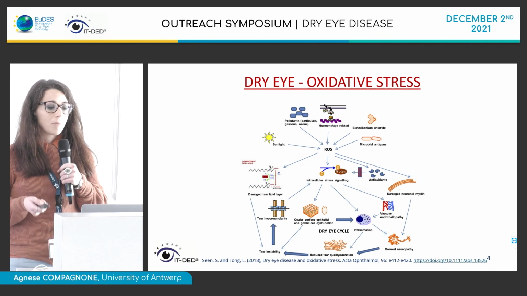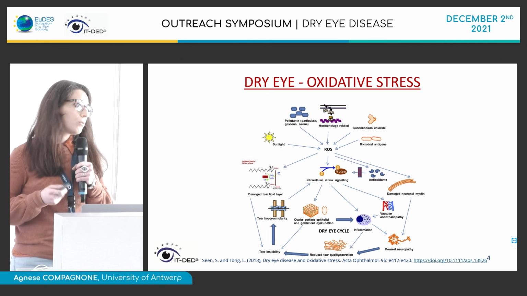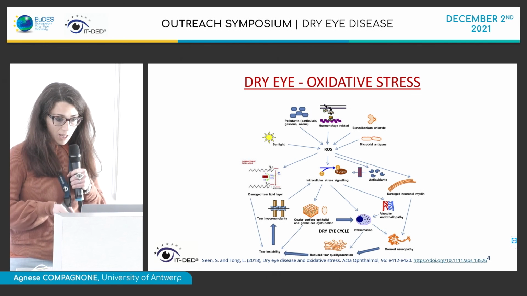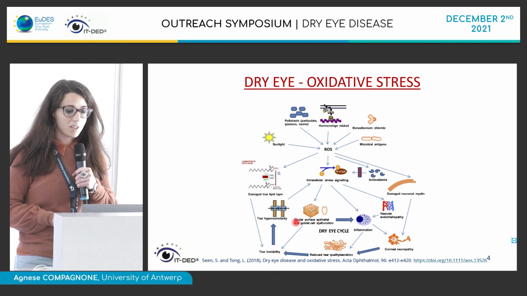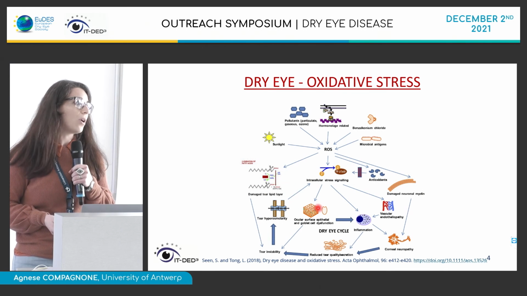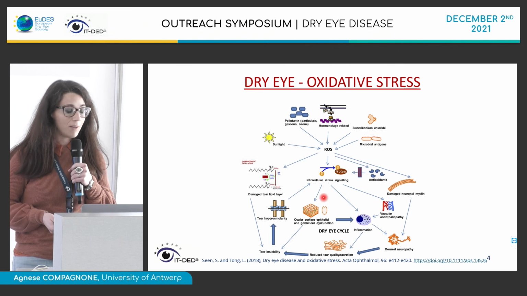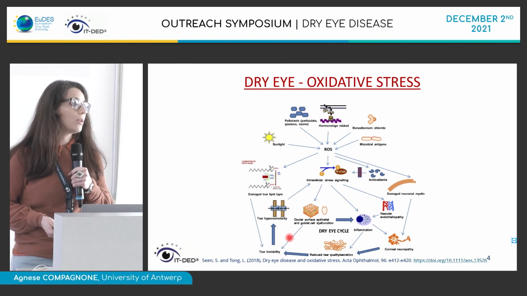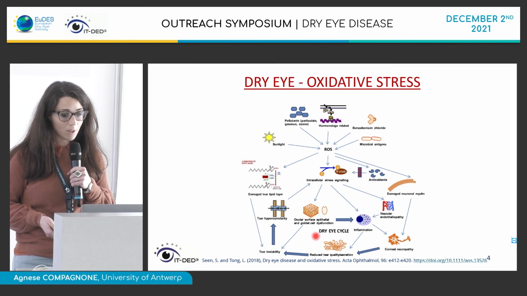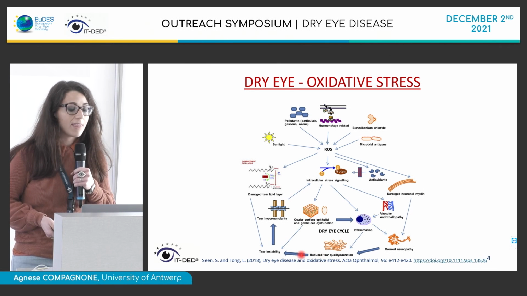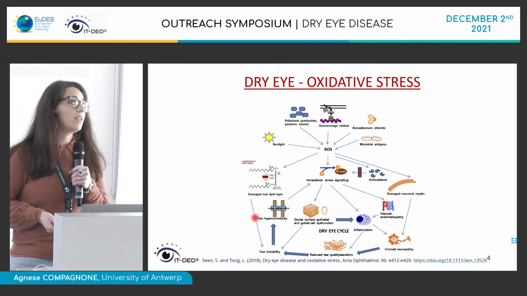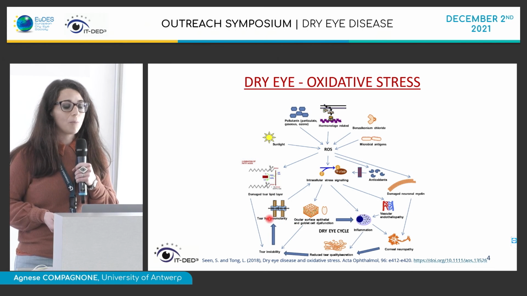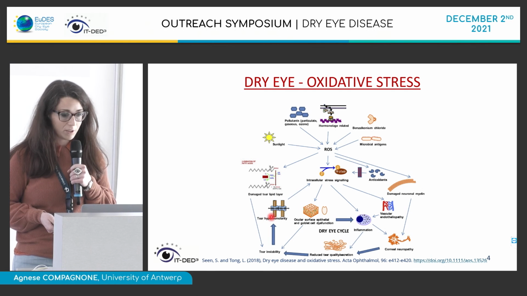We all know the very important vicious cycle of dry eye disease. It starts from tear hyperosmolarity, leading then to ocular surface damage, and this leads to inflammation, reduced tear quality and secretion, and then tear instability, going again to tear hyperosmolarity, which seems one of the main triggers of the disease.